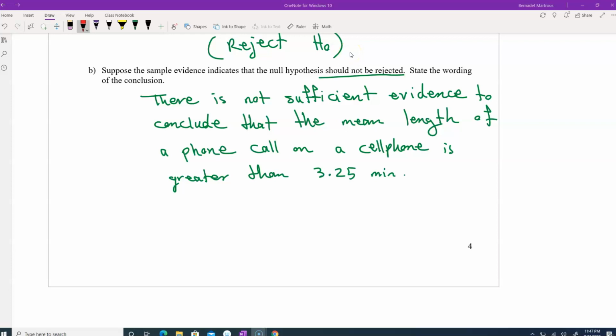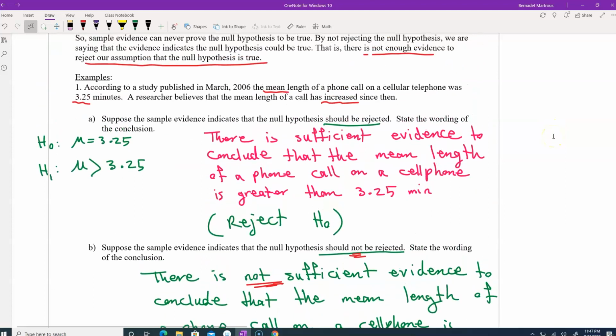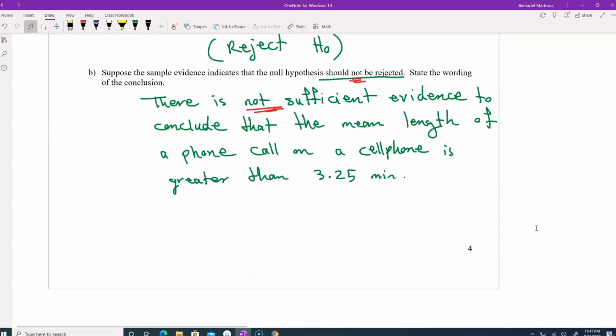Just keep in mind that since we have should not be rejected, here we have there is not sufficient evidence. And on the previous part, where it should be rejected, this one is there is sufficient evidence. On part A we have reject, here do not reject. This is already given.